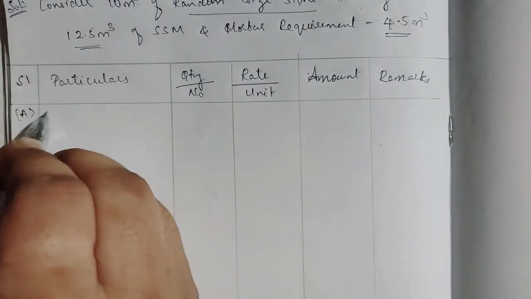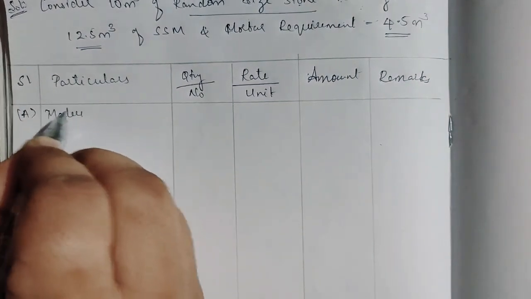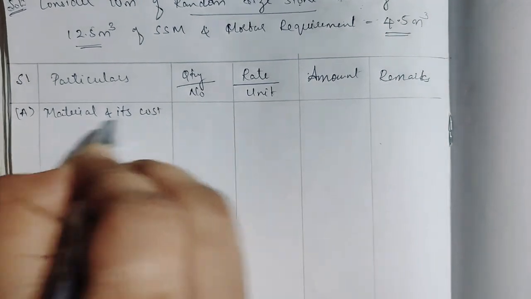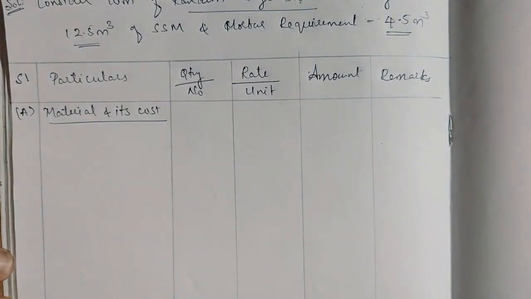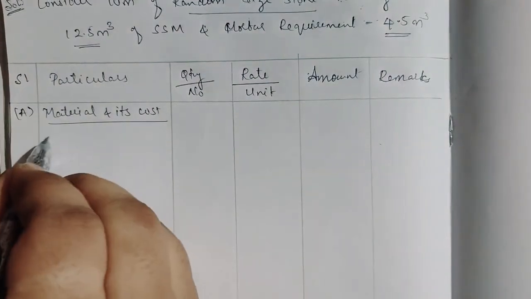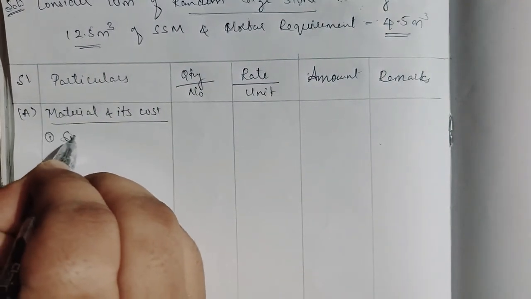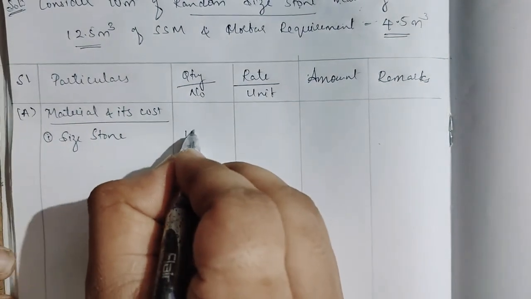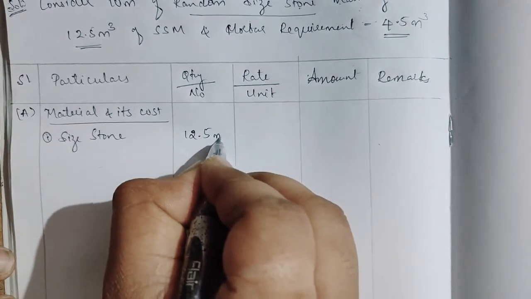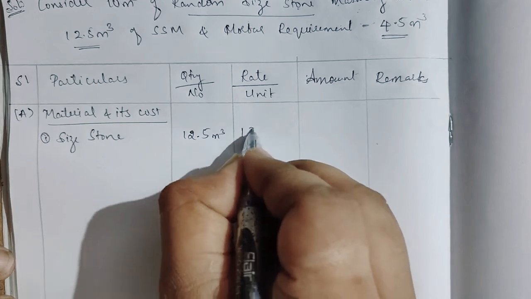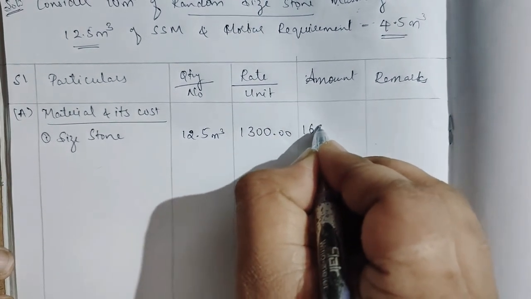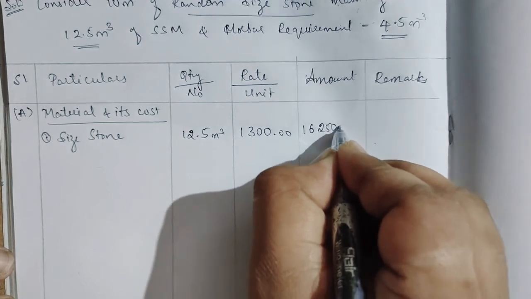So A, material and its cost, same as we did earlier. First is size stone. The quantity is 12.5 meter cube, the rate is 1300, just multiply: 16,250.